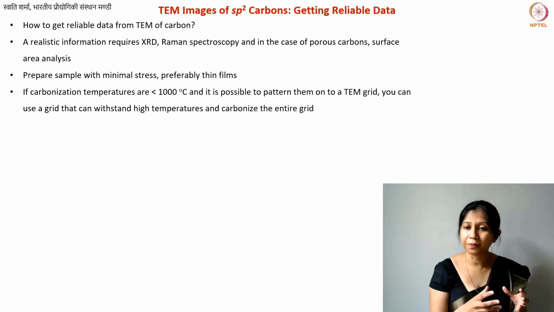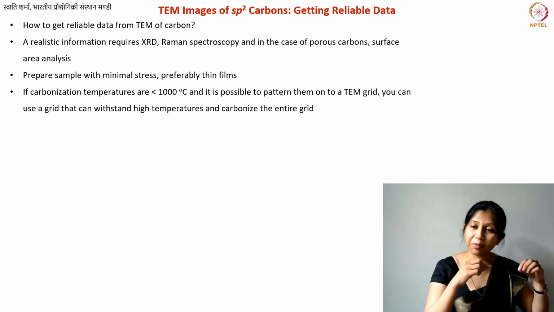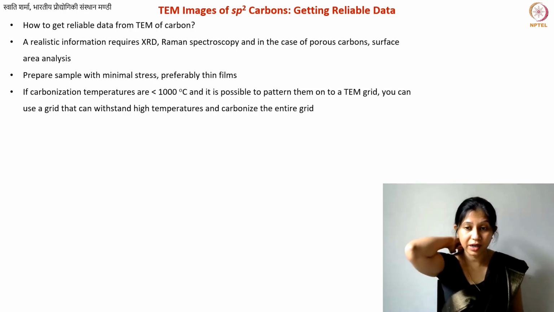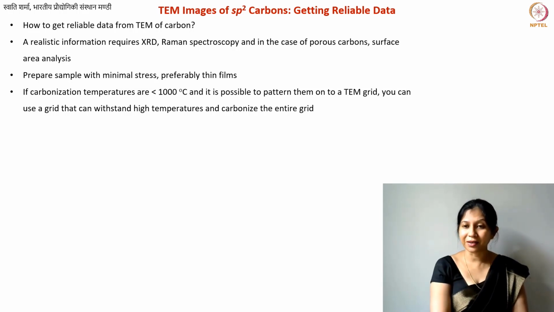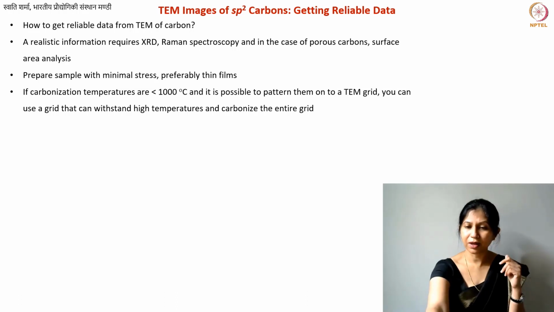For the pyrolysis process, you could prepare your sample on top of the TEM grid and then heat treat the entire grid. That of course will depend on the heat treatment temperature that you want to use, but if it is let's say 900, 1000, the molybdenum grid will work. So you can place the sample already on your grid and then carbonize the whole sample, which will then minimize these stresses in sample preparation.